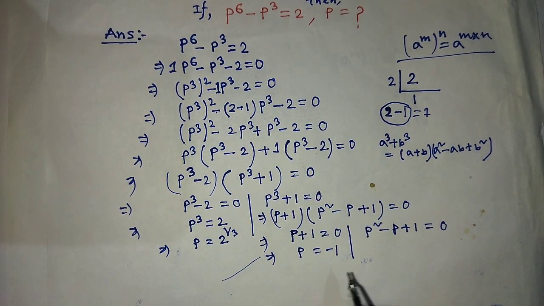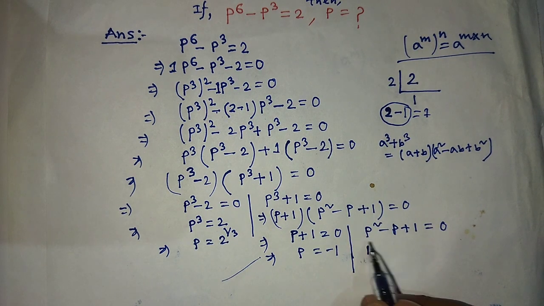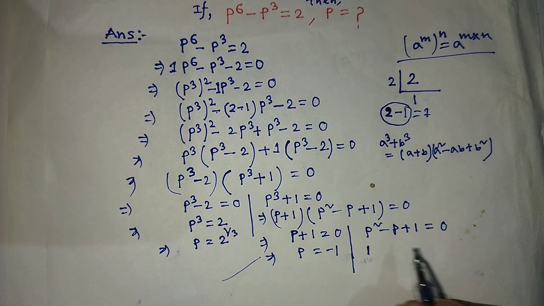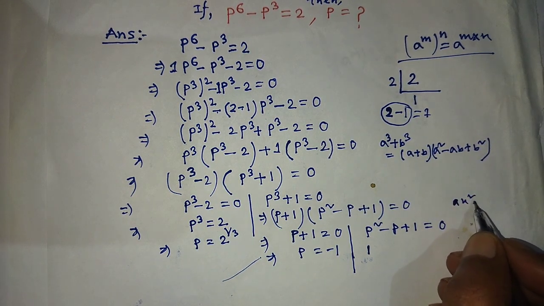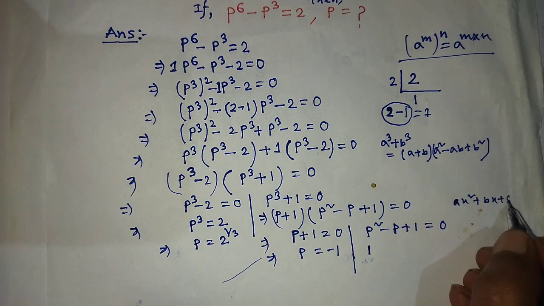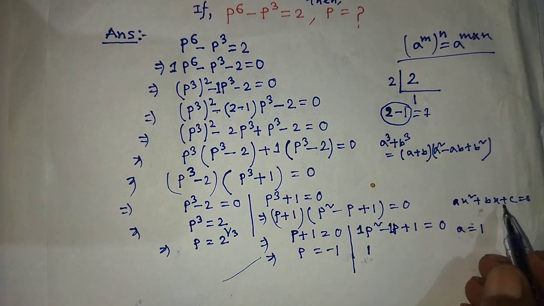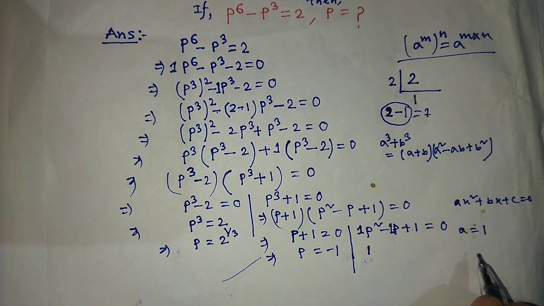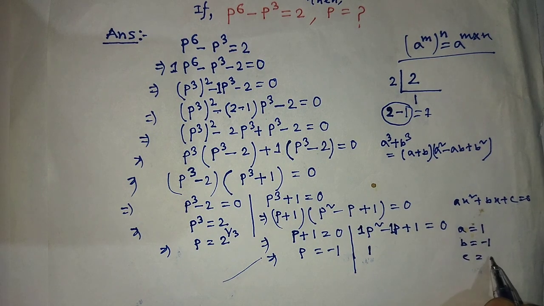Okay, but before solving this equation, we have to check the nature of the roots of this equation. If you compare this equation with ax square plus bx plus c is equal to 0, a is 1, the value of b will be minus 1 and the value of c will be 1.